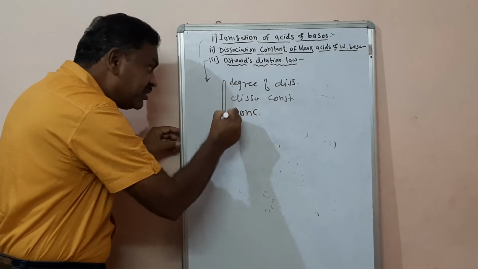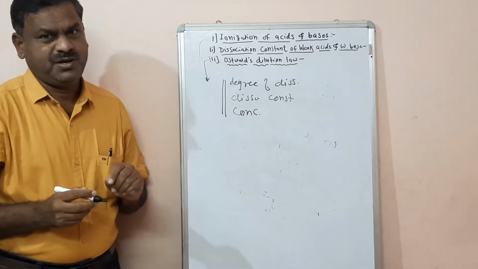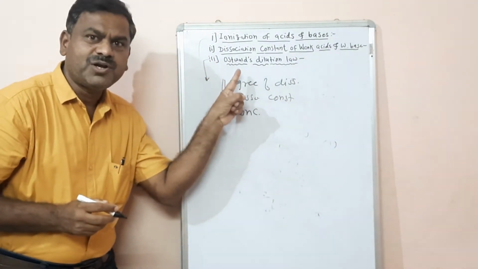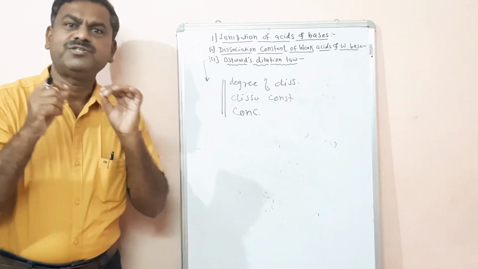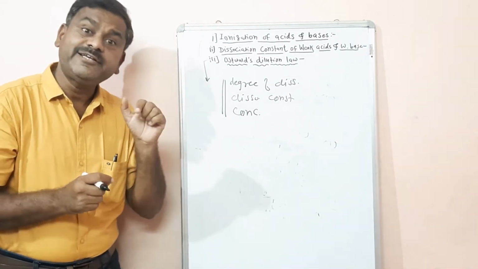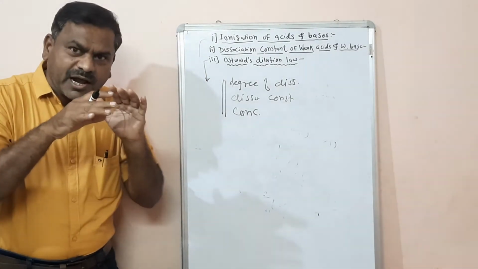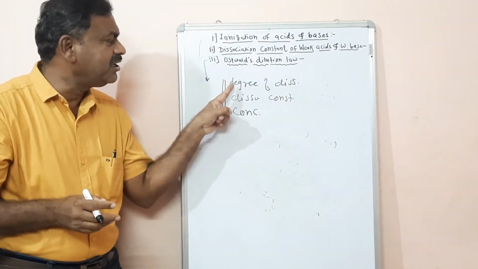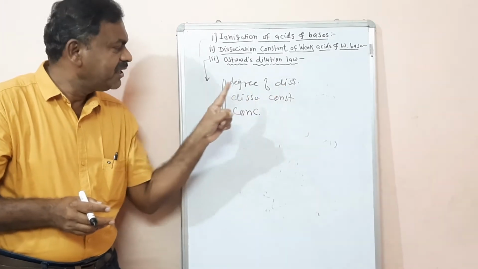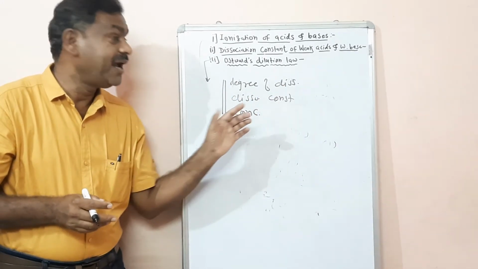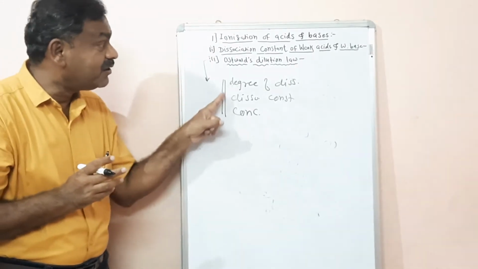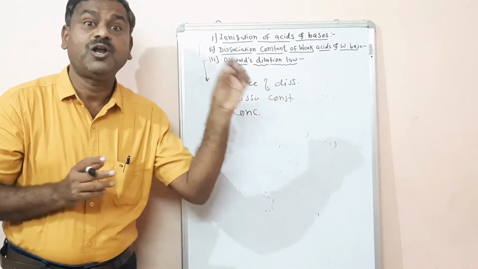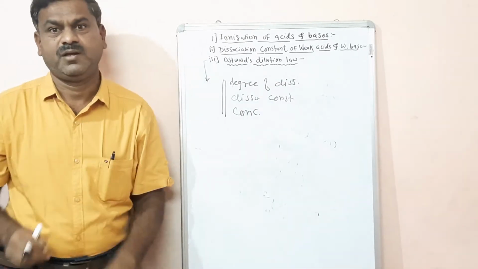These are the 3 terms. This is called the Ostwald dilution law or formula.